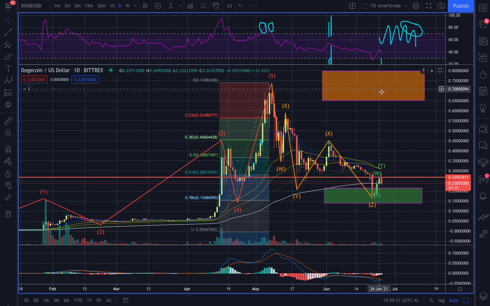It could go up here to my previous sell zone, but that's just a giant swing from here to here. I'm not really making that trade. If you were trading the daily chart, then there was a decent opportunity.